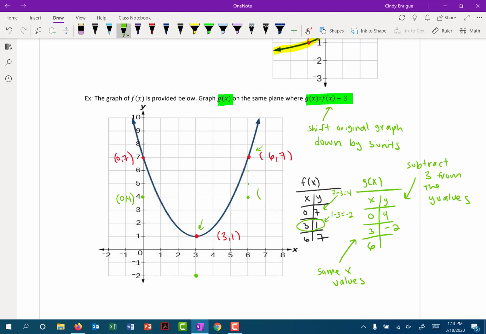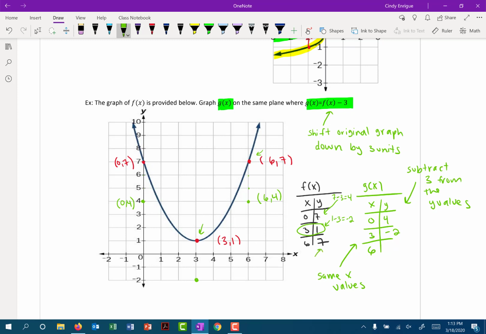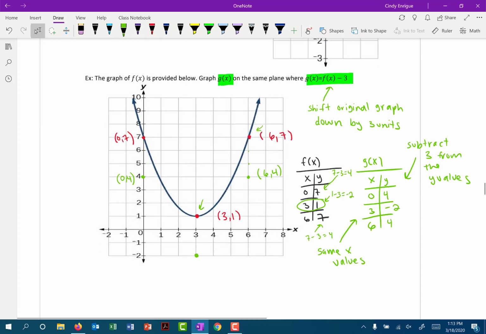So now that new value is going to be 6, comma 4. And again, if you want to do it algebraically, 7 minus 3 gives me a positive 4. So now I have my new points. And I know that it has the shape of a parabola. So that is how I'm going to be graphing my g of x, which was f of x minus 3. Every point got shifted down by 3. Okay?